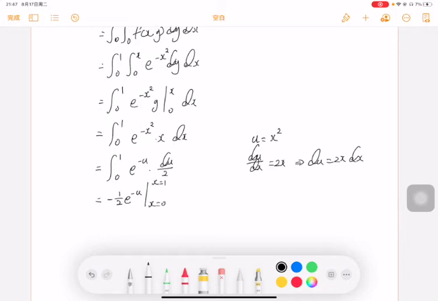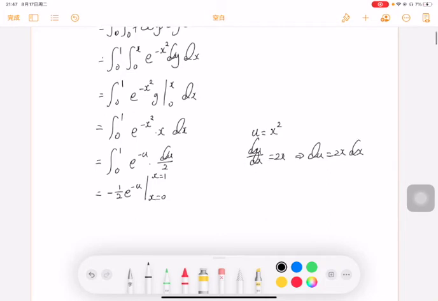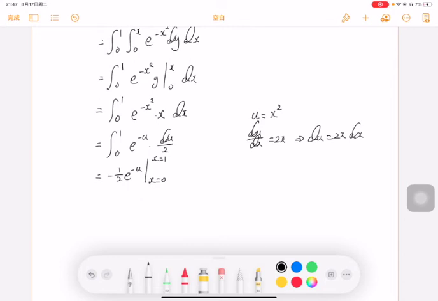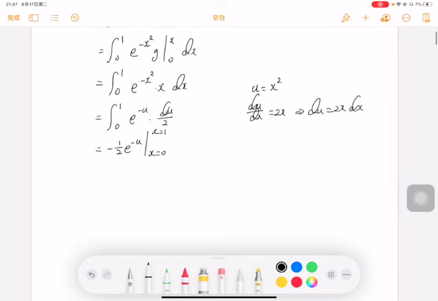Now note that the original integration was on x, so the 0 and 1 are boundaries for the variable x. We have to substitute x back in, and we obtain minus 1/2 of e to the minus x squared, for x from 0 to 1.